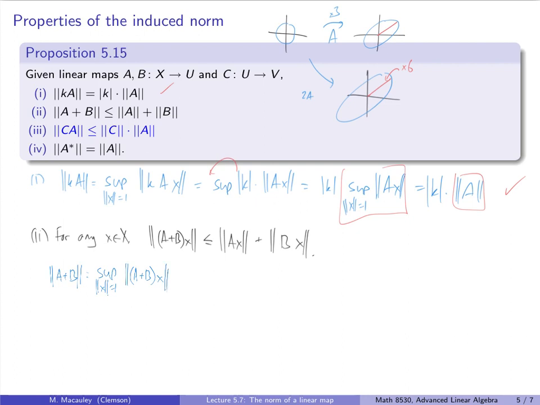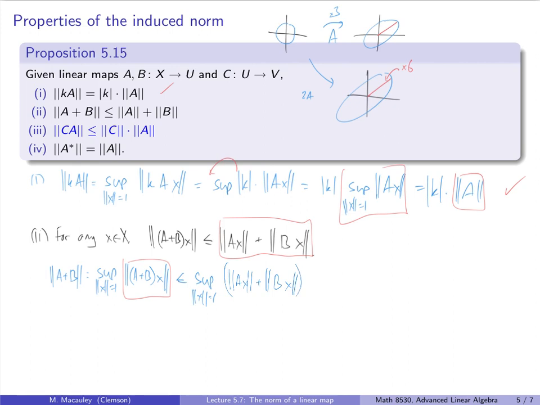And this is the supremum over all unit vectors. Now I can replace this thing here with this thing here by putting a less than or equal to sign, so I write this as the norm of Ax plus the norm of Bx. Let me put parentheses here so you can tell.